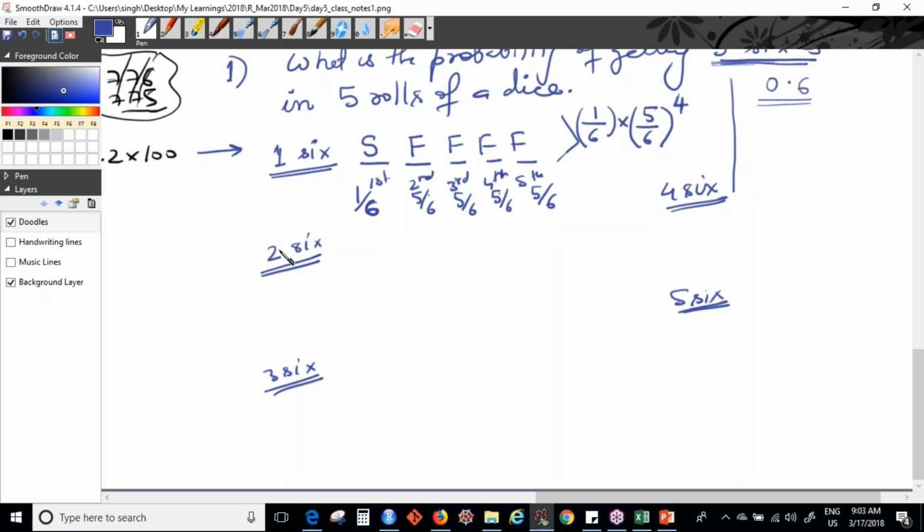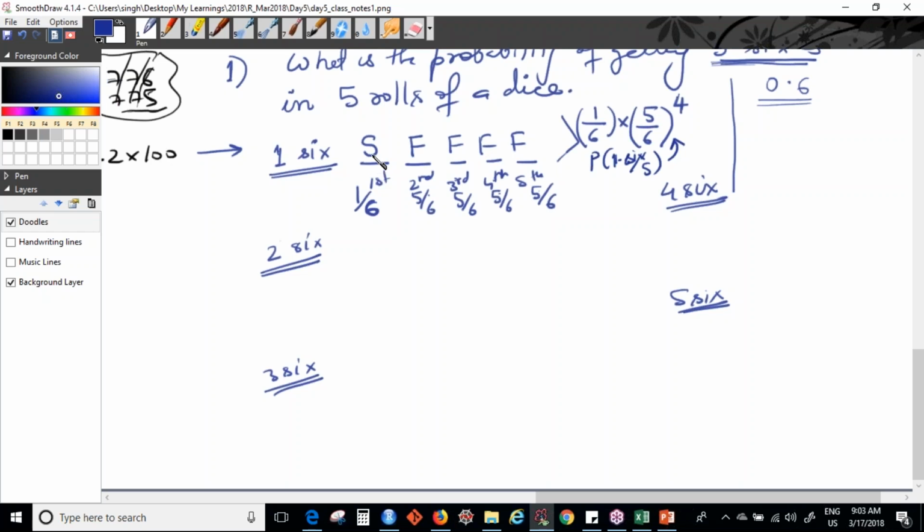This is the probability of getting 1 six when you roll a dice 5 times.